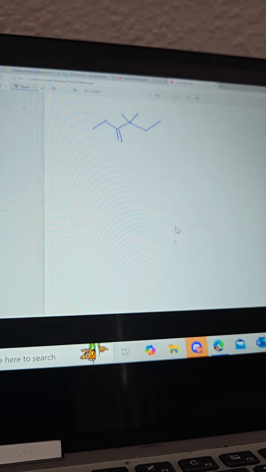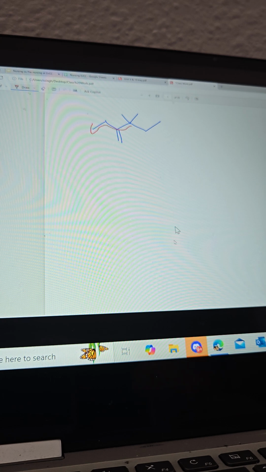But it must also contain the double bond, meaning the double bond should be part of that chain. If I choose this as my parent, yes, it is hexane, I agree, but is the double bond included in that? No. Would it be butene?